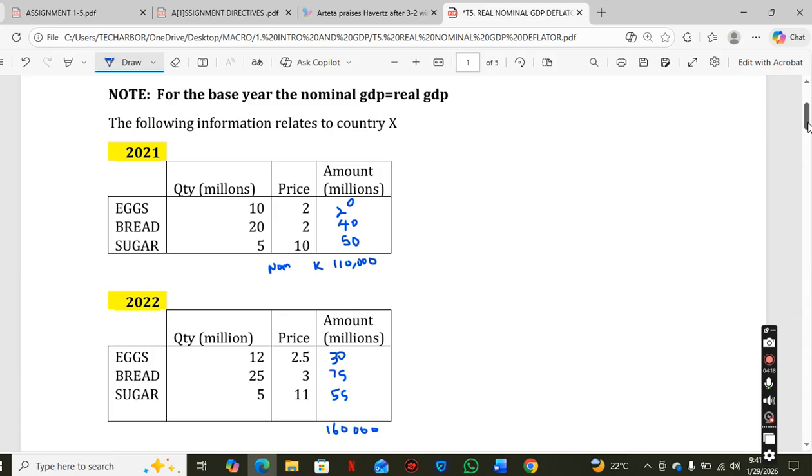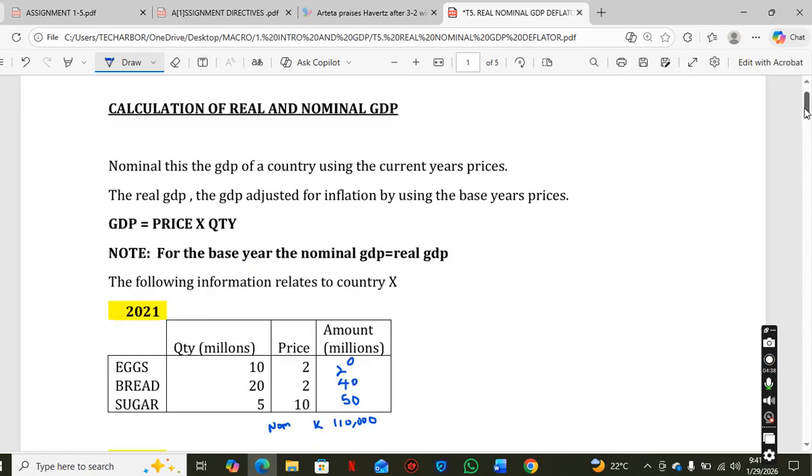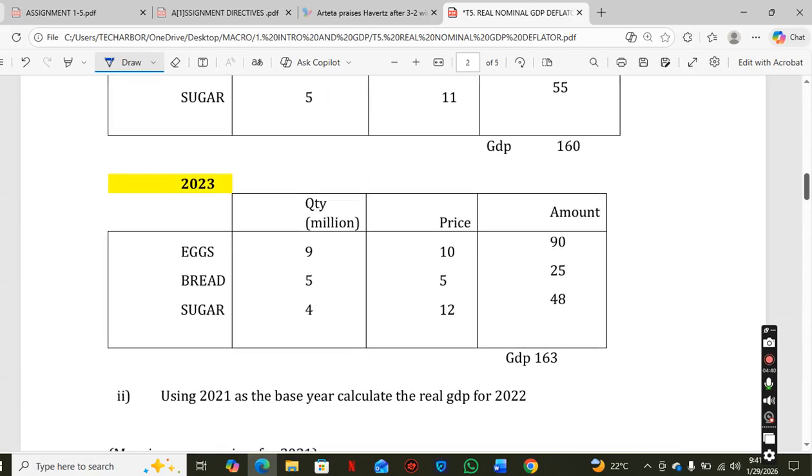Alright, now we're going to calculate the real GDP. This is where we're going to adjust for inflation. So the way we adjust for inflation, we're going to have to use the base year's prices. Okay? So in this question, let's see what was our base year. Yes, using 2021 as the base year, calculate the real GDP for 2022.